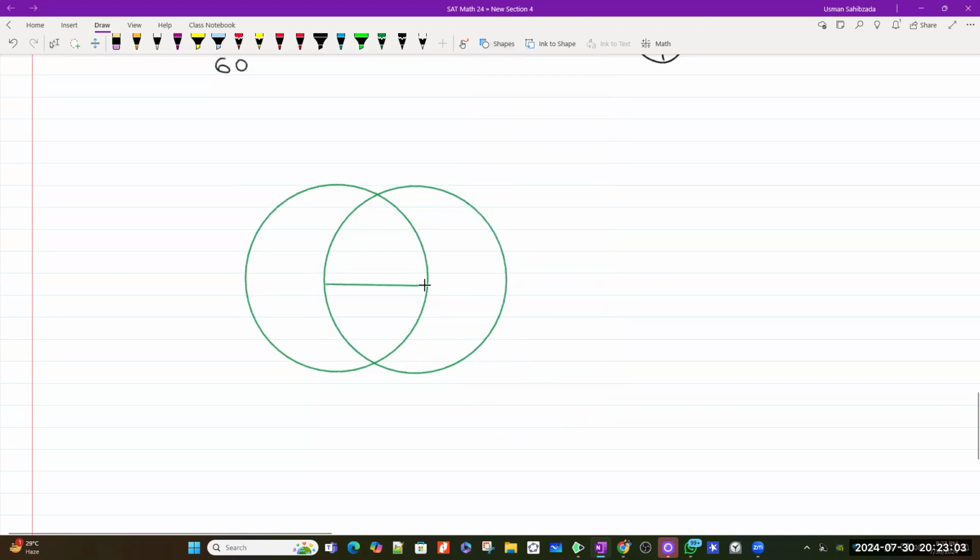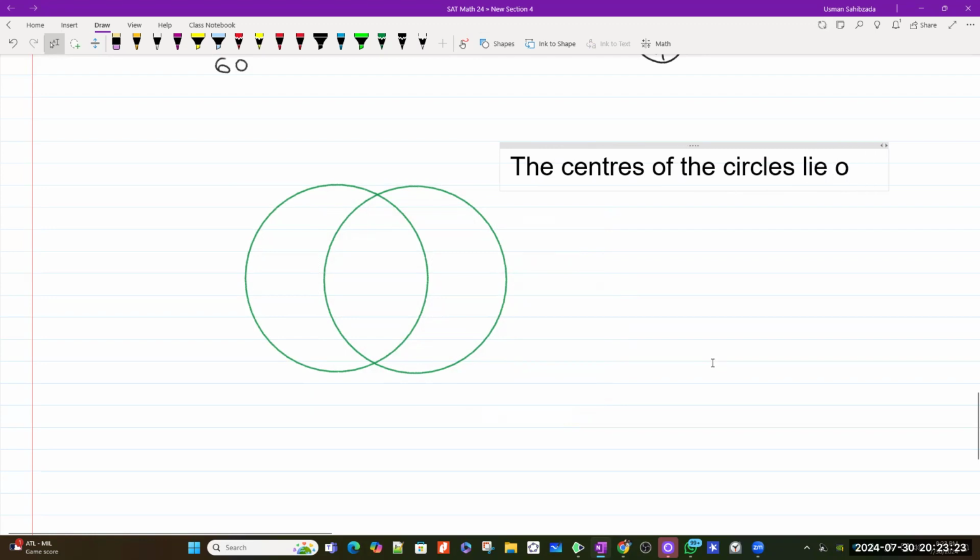So here it is. Have a look. Actually, if they say the centers of the circles lie on the circumference of the other. The centers of the circles lie on the circumference. What is the shaded area?